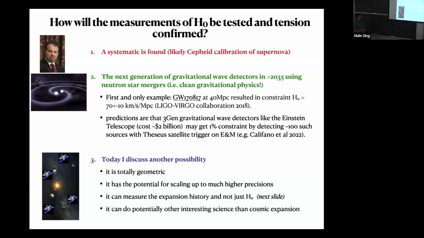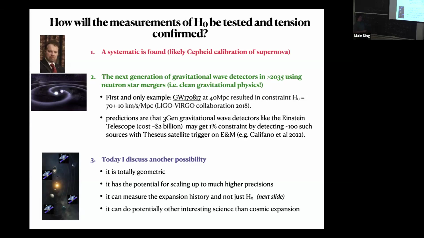If we don't find some systematic in the next decade, then I think we really have to wait for the next generation of gravitational wave detectors, and in particular these neutron star mergers, where again you're doing something similar to supernovae or Cepheids: we know the power that's emitted when these neutron stars merge, and it seems like cleaner gravitational wave physics. We had this example from the 2017 event that provided a 15% measurement of the Hubble constant.